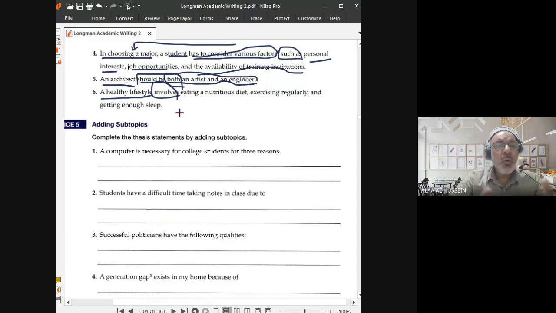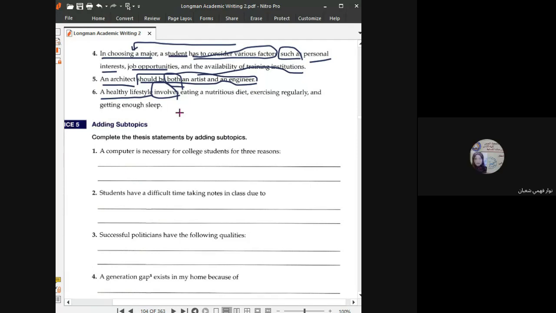Where is the controlling idea here? Amjad, or another student. Nawar? Yes, Doctor. The controlling idea starts after "involves," like "involves eating a nutritious diet, exercising regularly and getting enough sleep." So all of this.